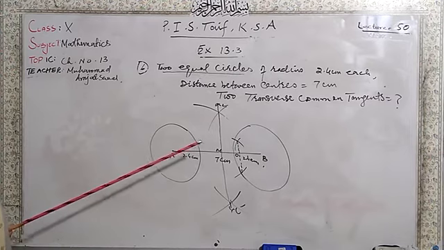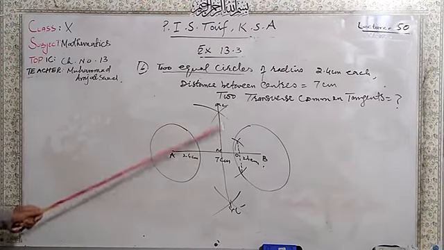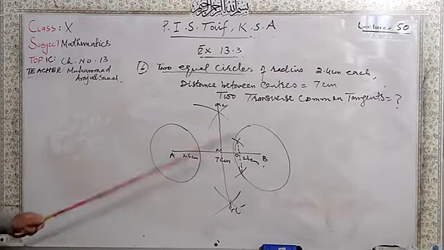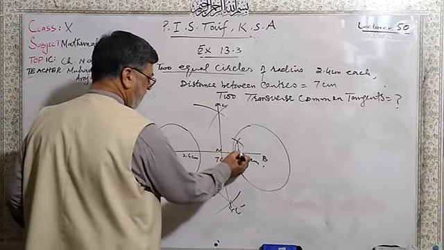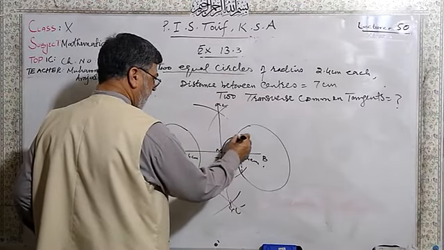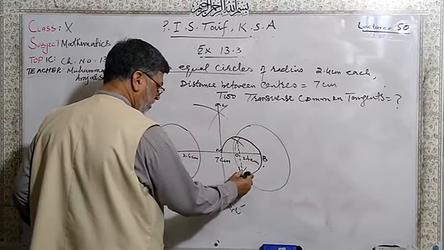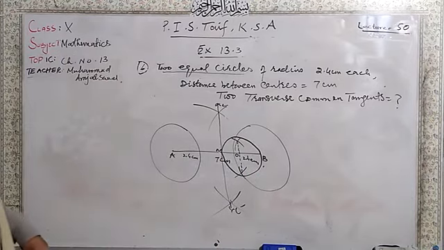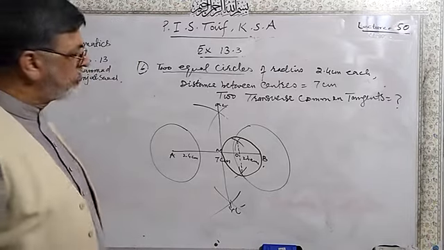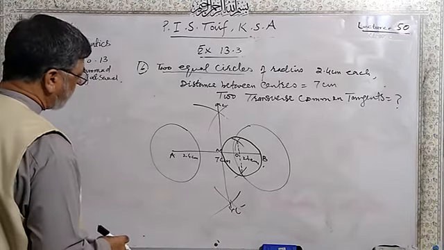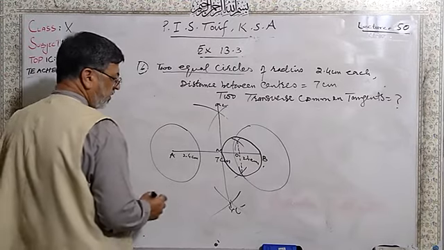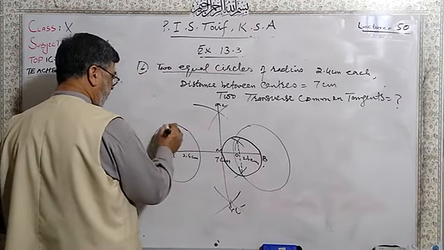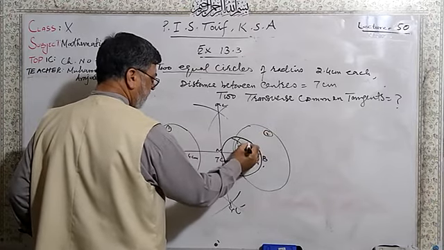Dear students, first you draw the perpendicular bisector of AB at point M, then the perpendicular bisector of BM at point O. Taking O as center, draw the circle which will pass through M and B. Now, this is circle number 1, this is 2, and this is circle number 3.